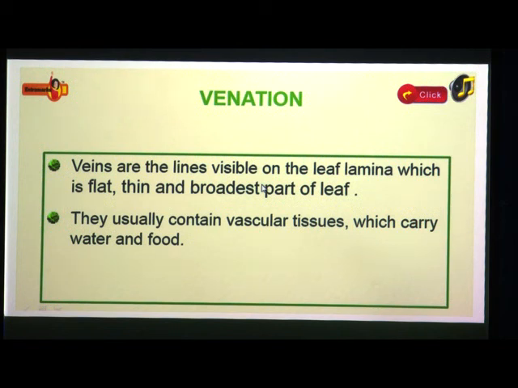On any type of leaf there are veins. They usually contain vascular tissues which carry water and food to the corners of each and every part of the plant, which are known as veins.